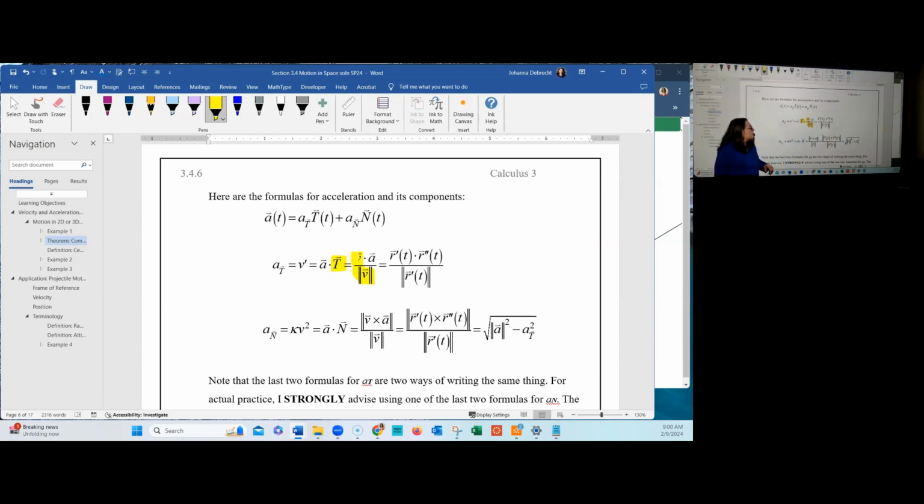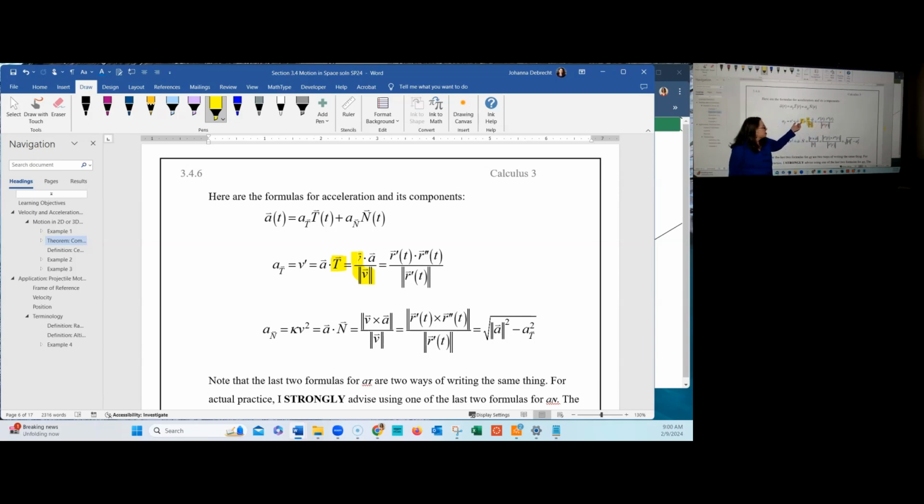For most students, the 4th and 5th, which are really exactly the same thing, just 2 ways of writing it, tend to be easier to apply than this one.